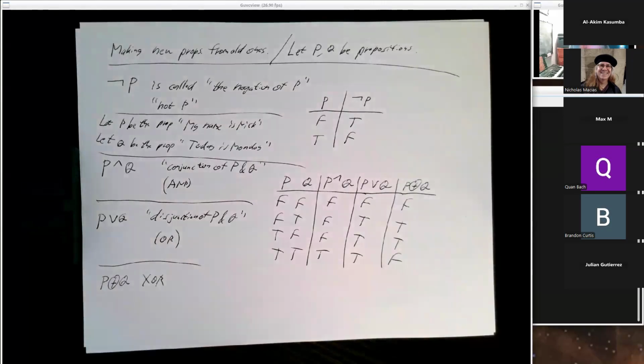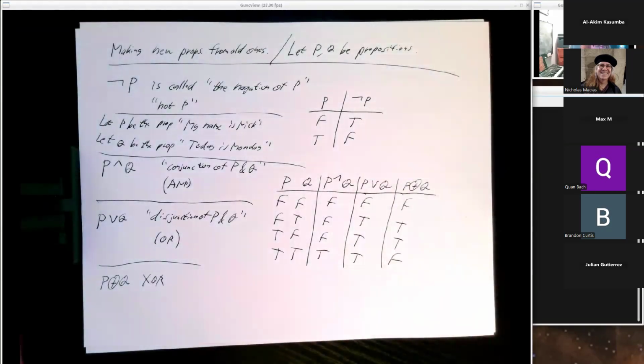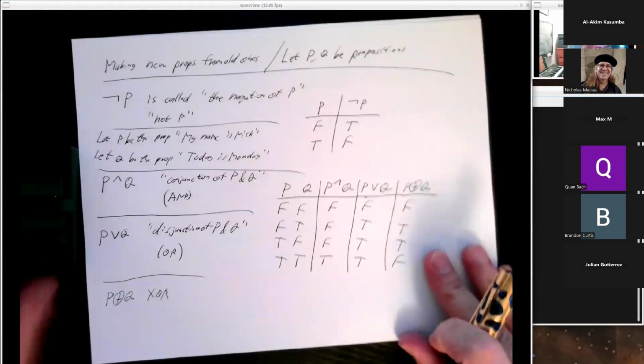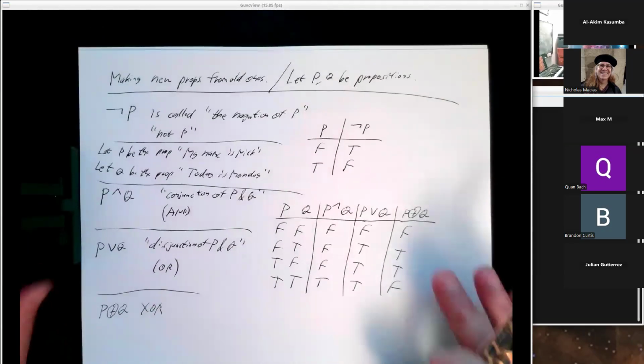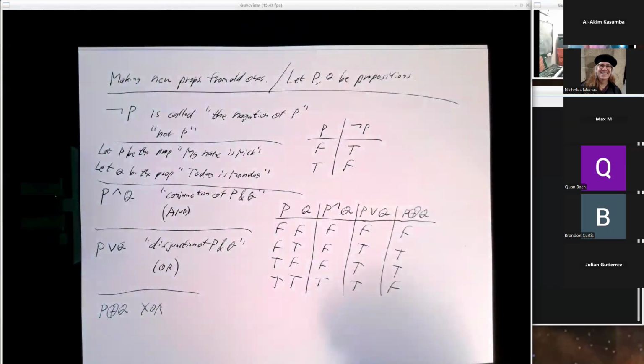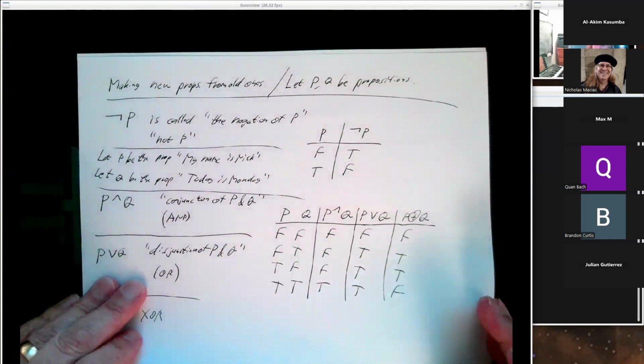So we take this symbolic approach. But just a heads up, there's going to be times where things go against what we're used to saying or thinking about when we hear something. So we'll keep an eye out for that.